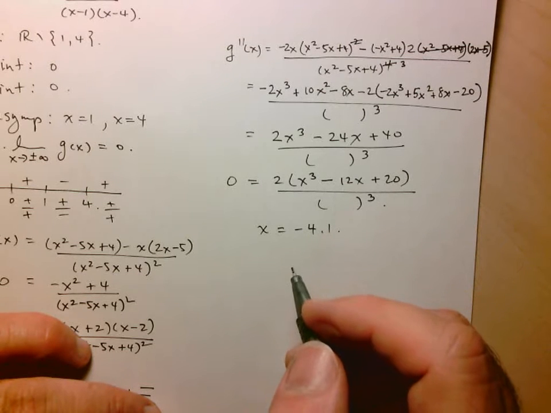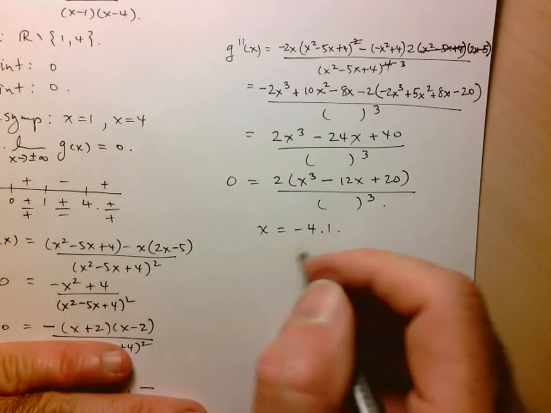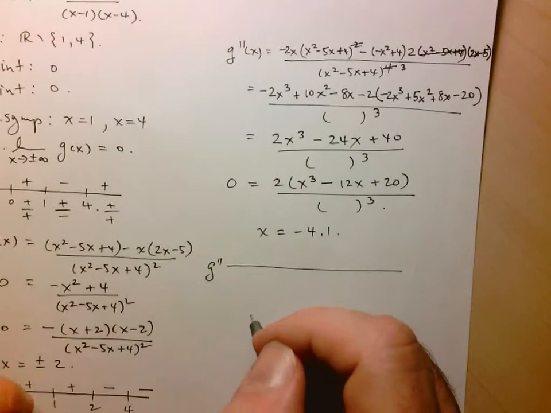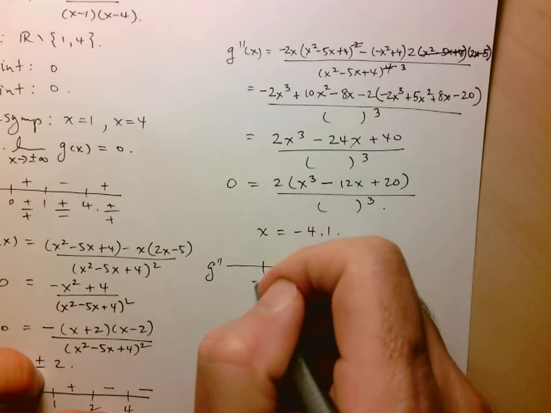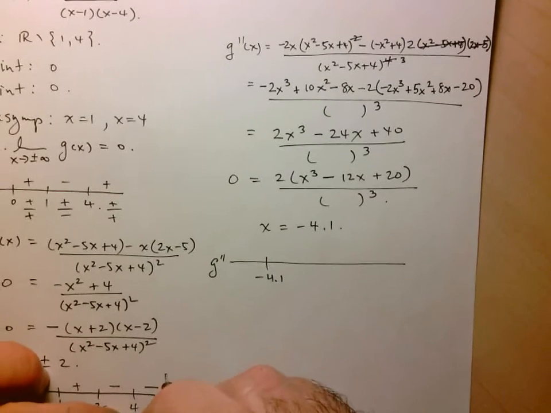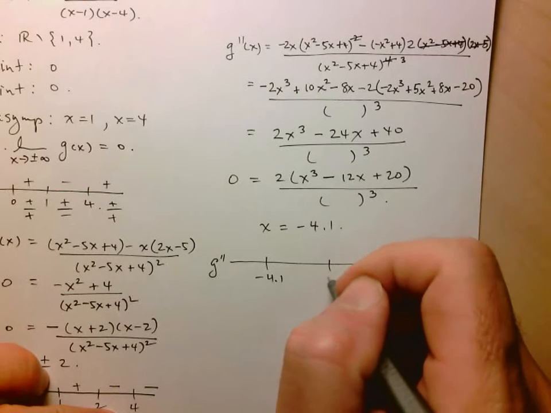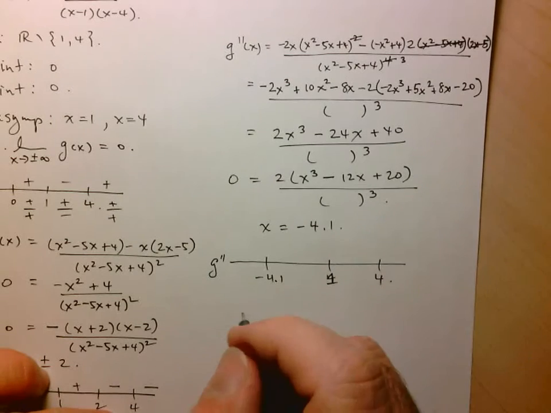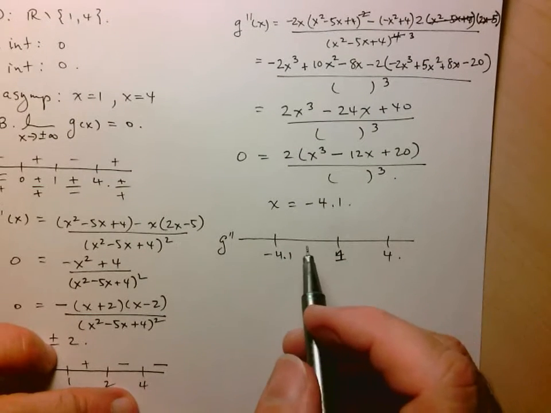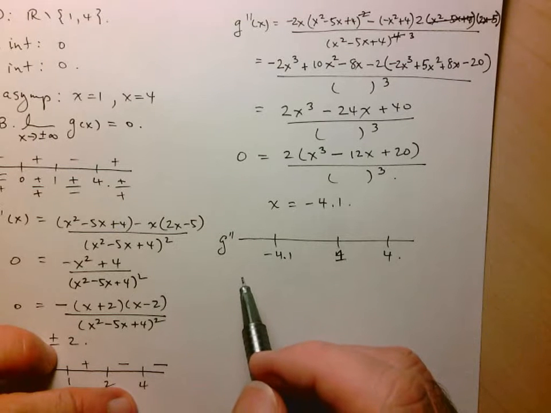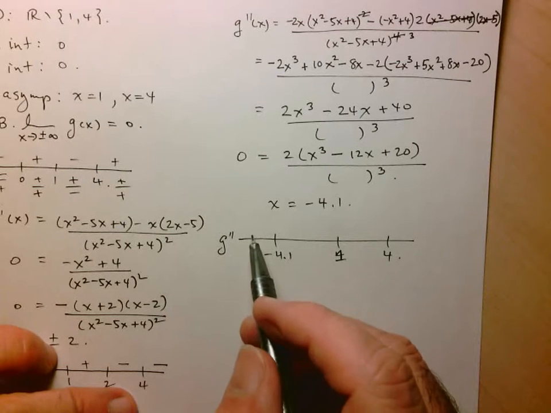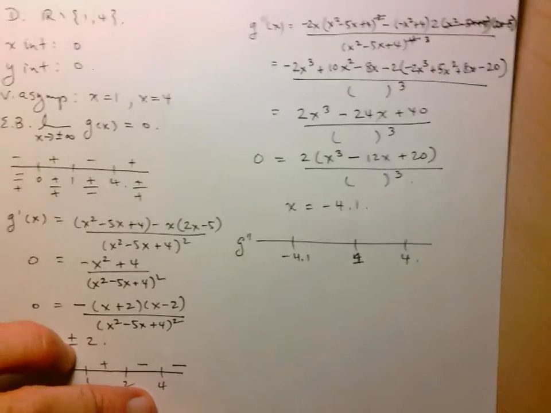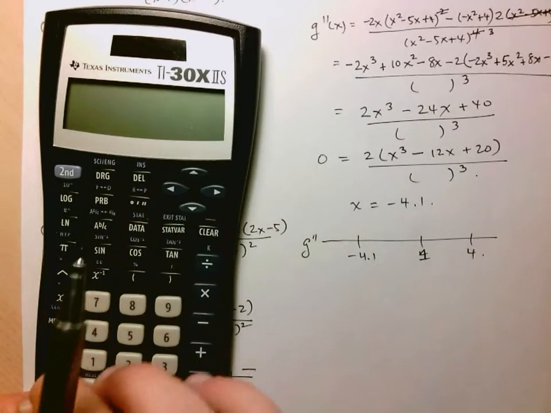Okay, so now what we have to do, of course, is test the second derivative here. So again, we have negative 4.1. Make sure we actually have a point of inflection, and then of course there's 1 and 4. Okay, and really just to save time, because this video is getting very long, I'm just going to check to see if this is a point of inflection. Okay, so if I put negative 5 into here, let's check the numerator.